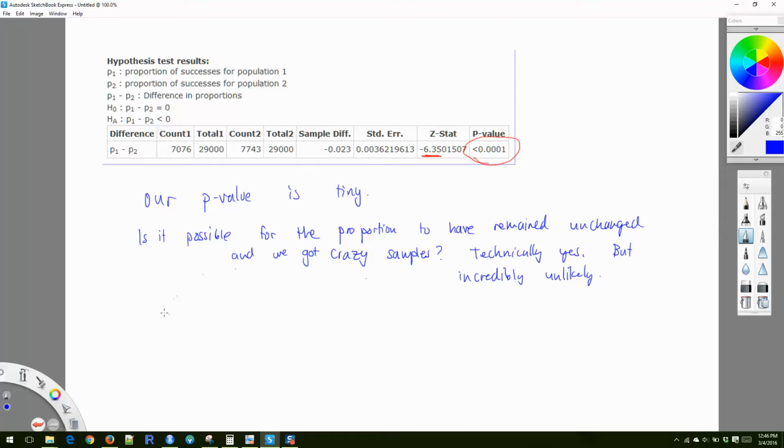Okay, so we reject the null hypothesis. We conclude that our data supports the alternative. I shouldn't say that we conclude that the alternative must be true. We conclude that our data supports the alternative hypothesis, and so we say we have evidence that obesity is increasing.